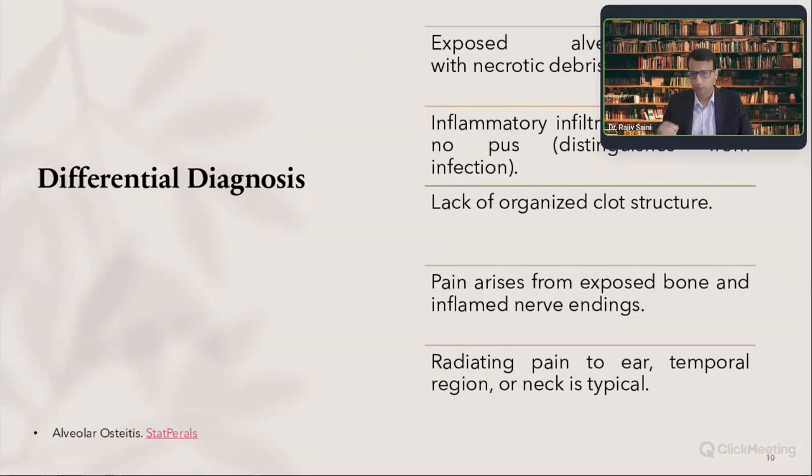Sometimes retained root fragments, neuralgia, or referred pain from the adjacent teeth can also mimic dry socket. An accurate diagnosis and radiographic interpretation ensure appropriate intervention and avoid unnecessary antibiotic use. We have to be very cautious in using antibiotics.